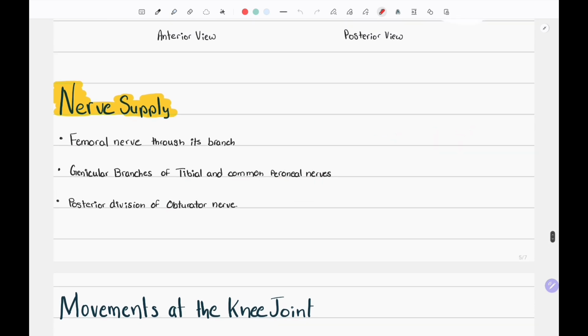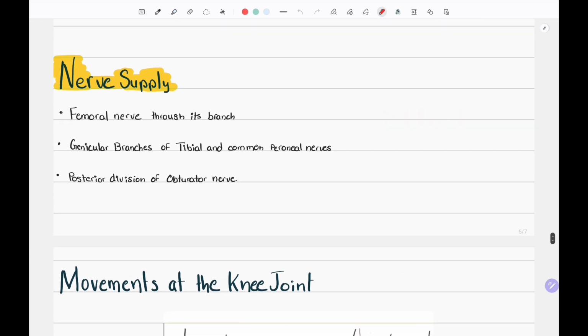So you have to learn chiefly these four nerves: femoral nerve, tibial nerve, common peroneal nerve, and obturator nerve. If you know any other mnemonic, it would be better for you to learn by your way.